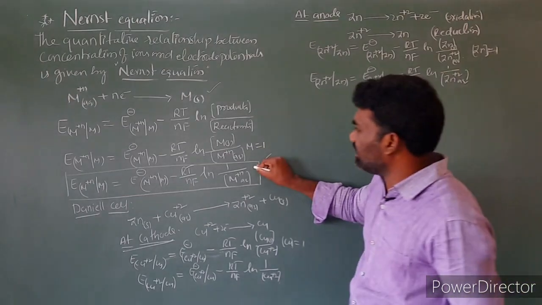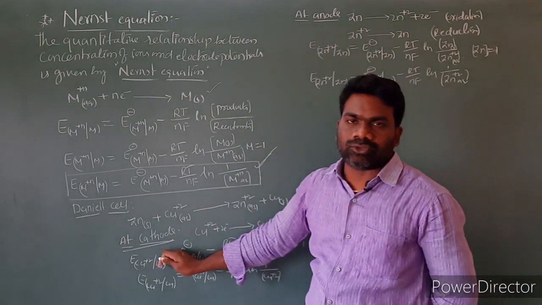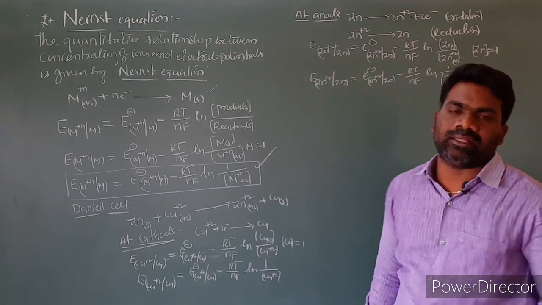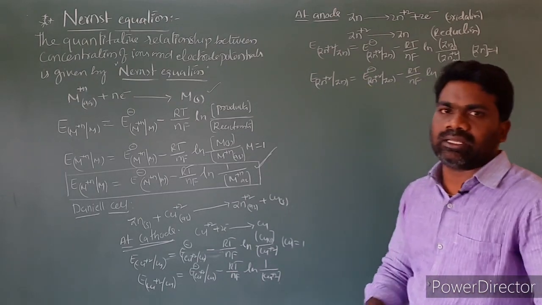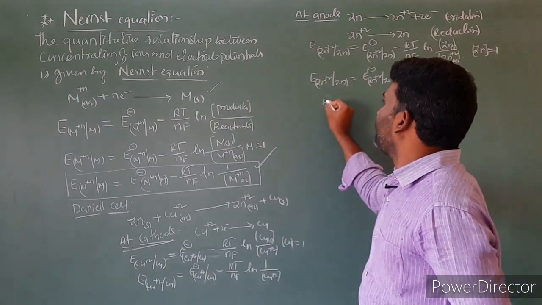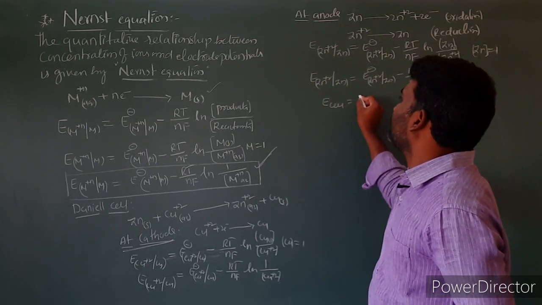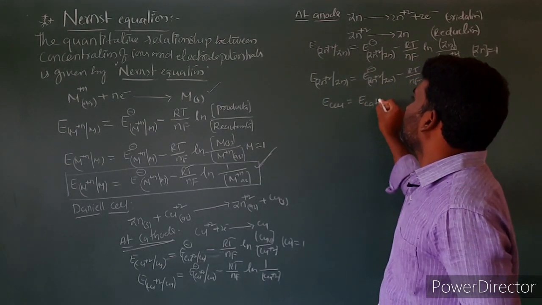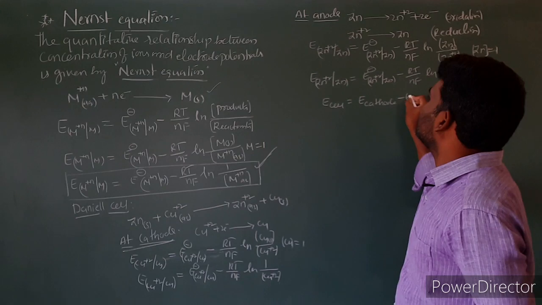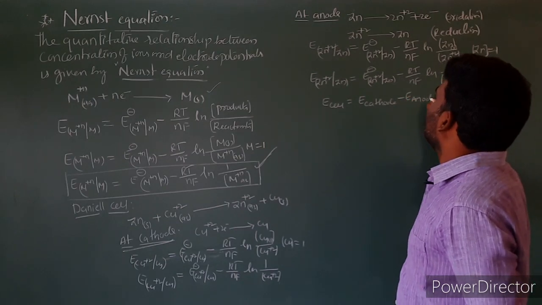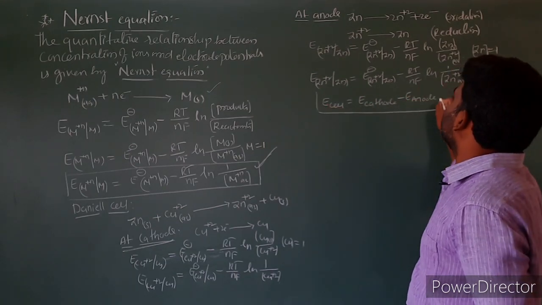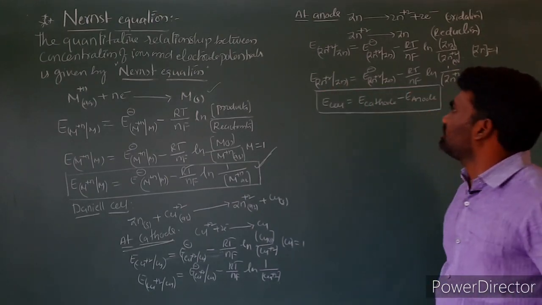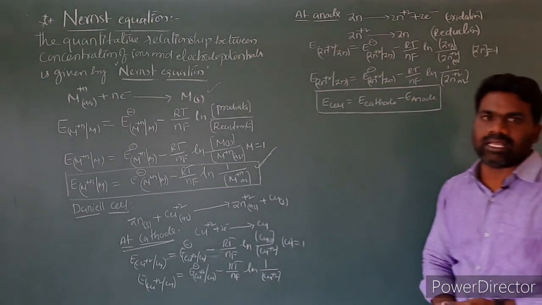So we applied this equation to the cathode as well as the anode in the Daniell cell, and we have the formula for E cell. E cell is equal to E cathode minus E anode. In cell potential we learned this formula.